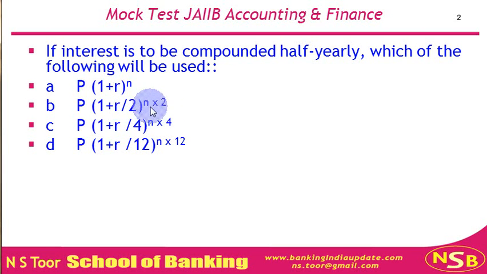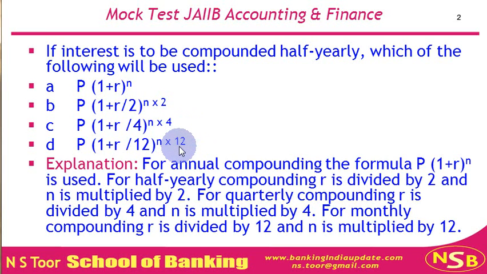Hence, this is our formula, this is our answer. This other option relates to quarterly compounding, where we divide the rate of interest by 4 and multiply the time period by 4. And this is on a monthly basis. So here is our explanation.